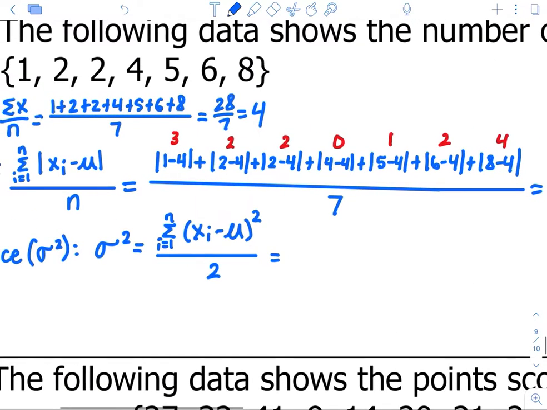Again, we have to keep substituting your i's into this equation, all the way up to n, which is your 7. And I don't know why I wrote 2 right here, because it should be n.